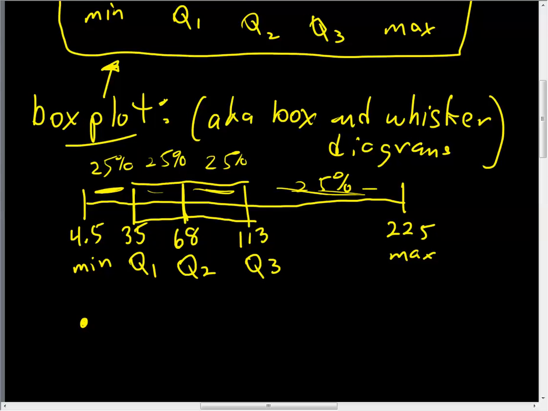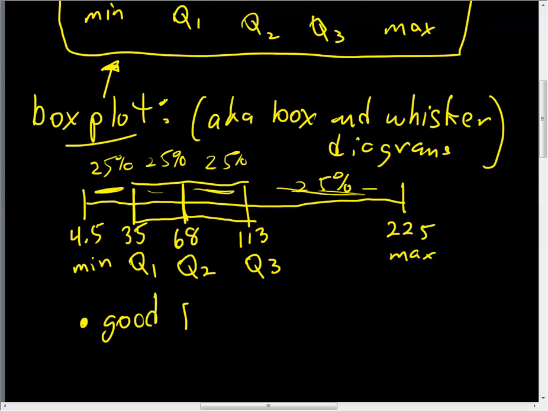So it gives a good idea of the spread of the data, gives a good, obvious view of where the center of the data is, and tells a lot about the data at first glance, really with one glance.